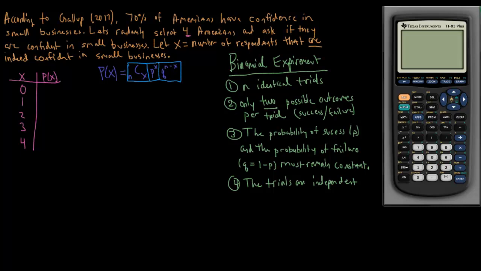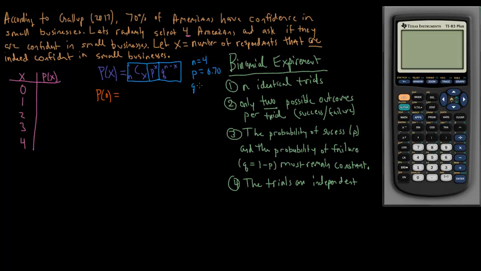So let's calculate a few of these things. Let's do P of 0 first. That's the probability that 0 people are confident in American small business. Now, what is n in this case? Well, n is the number of trials. You're asking 4 people what they think, so there's 4 trials. P, that's the probability of success, is 0.7.